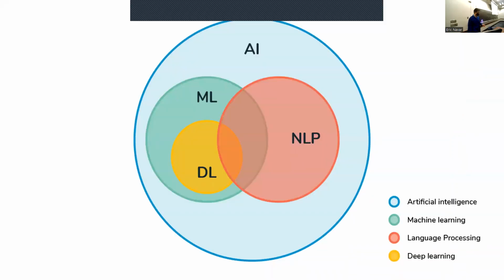As I said earlier, NLP is kind of a subset of machine learning. Actually, it's not just a subset, it just overlaps with machine learning, but NLP is so big in its array of different tasks that you can apply deep learning to it as well. It's a general subset of AI applied towards natural language.